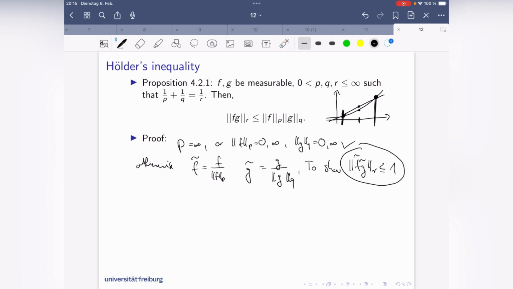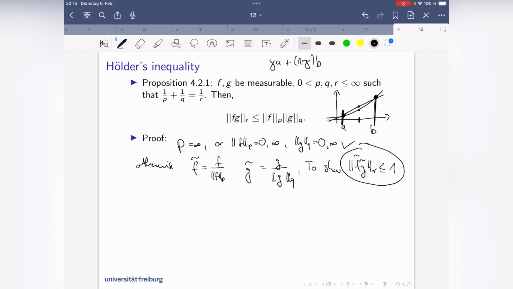And what does convexity mean as a function? That means if you have here some value, let's call it a, b like here, then in the middle we have, let's call this, gamma times a plus 1 minus gamma times b.